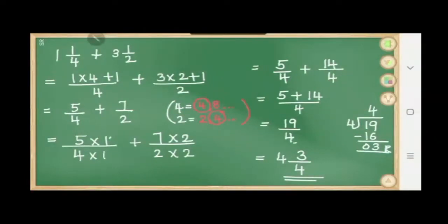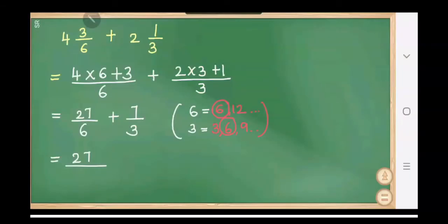Let's take one more example. Here I have got 4 3 upon 6 plus 2 1 upon 3.